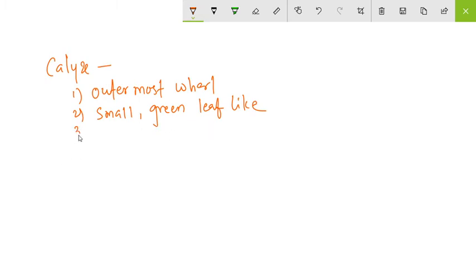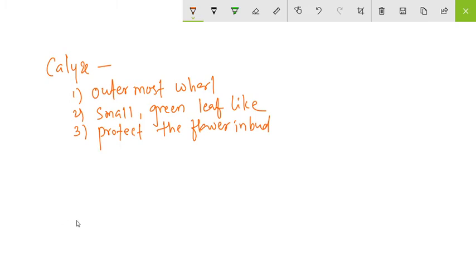याचं जर फंक्शन पाहिलं तर काय फंक्शन आपल्याला दिसतं, इट प्रोटेक्ट्स द फ्लावर इन बड कंडिशन. Protect the flower in bud condition. Okay. So sometimes this calyx, it may show different size, shape and color also.